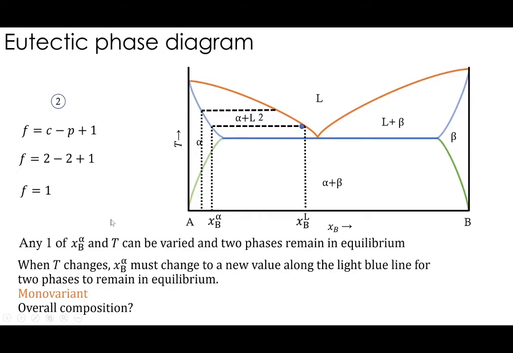Imagine, throughout this entire range, overall composition can be anything. But in that entire range, only two phases will be in equilibrium and they will have these two particular compositions. So overall composition doesn't matter here. We talk about individual phase compositions. Which phases are in equilibrium? What is their chemical composition?